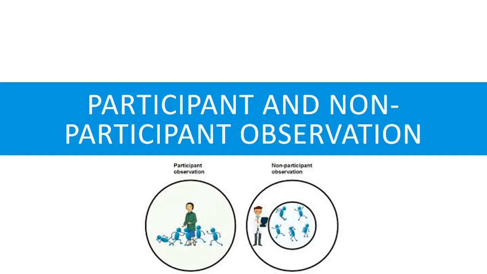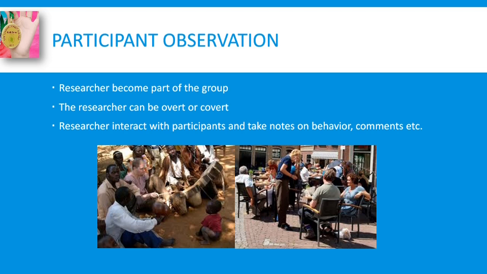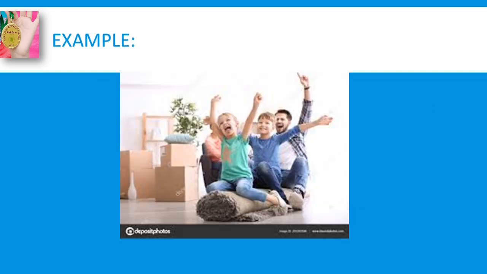Now let's come to participant and non-participant observation. In participant observation, the researcher becomes part of the group, and the researcher can be overt or covert. The researcher interacts with the participants and takes notes on behaviors, comments, etc. For example, if you want to observe the behavior of children, you can become part of that group.